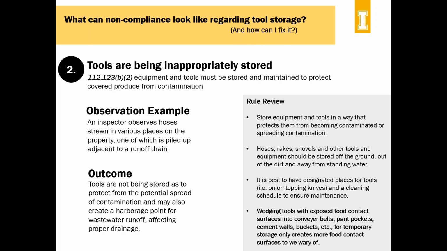Because if you have, let's say, a knife, for example, that is coming in contact with onions, and then someone's wedging it in between a piece of metal and the conveyor belt on a packing line or kind of wherever, if they're pulling that out and then putting that in contact with produce and then putting it back into where they had it wedged, each time they do that, you're then going to have to try to become aware of what's wedged down in those little surfaces. And so it's really better to just not do that, or you have to just have a really good idea of what could be affecting that and how you're going to be sanitizing all the different things that it can come in contact with.